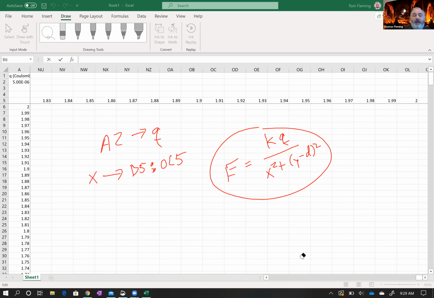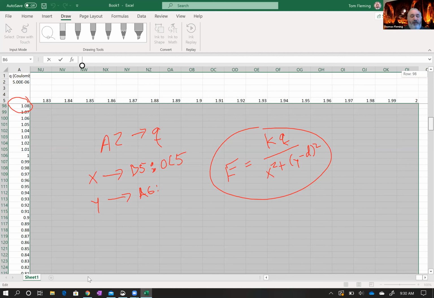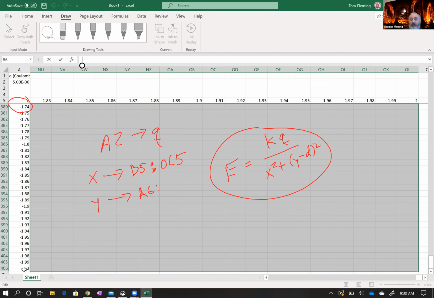Now, by the same reasoning, everywhere I see a y, I'll have to make a clever replacement for that as well. So everywhere I see a y, I look over here. Here's my first y. That's in cell A6. And if I scroll all the way down and look at the bottom one, you can see that my very last one is A406.